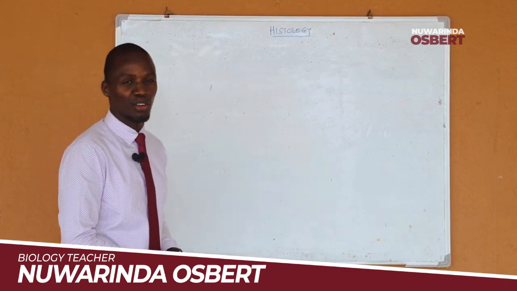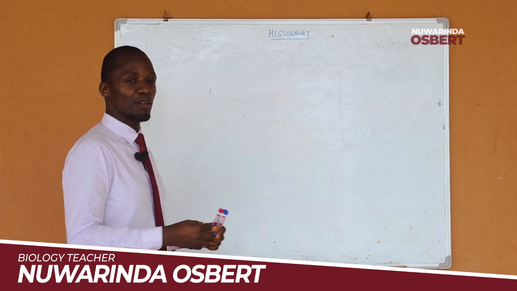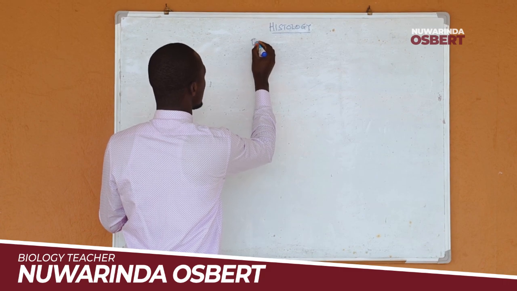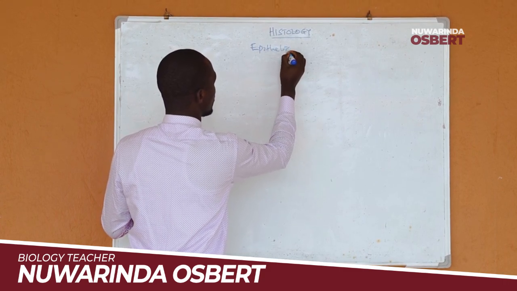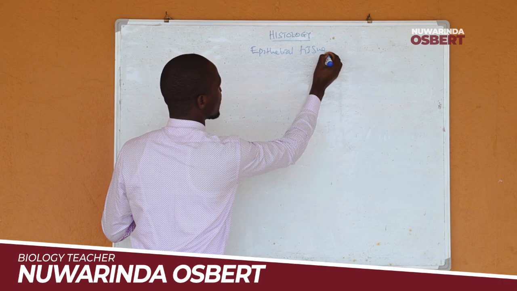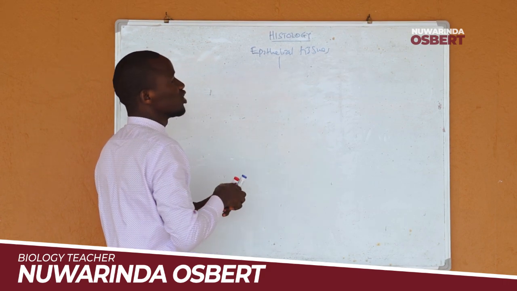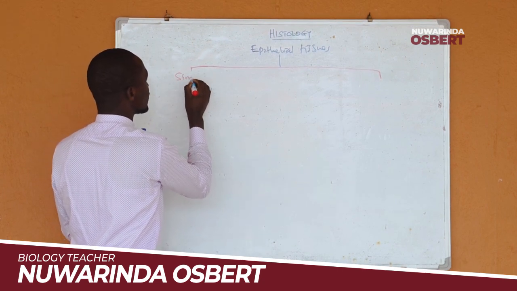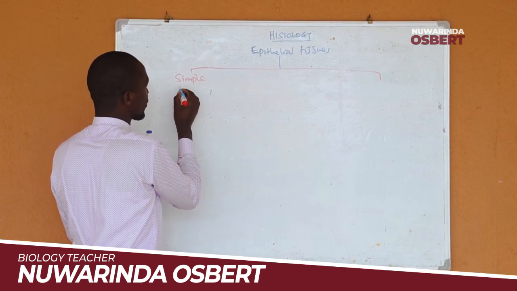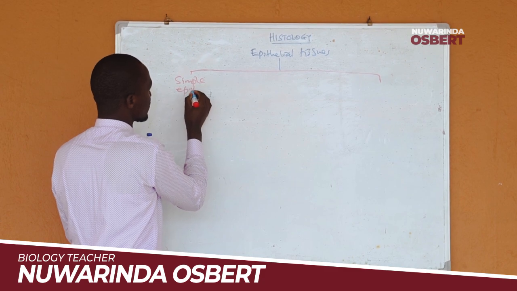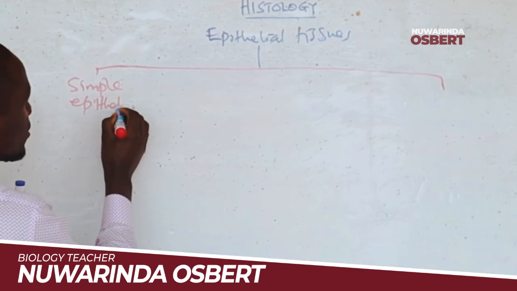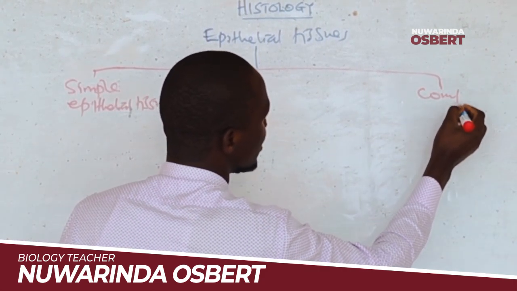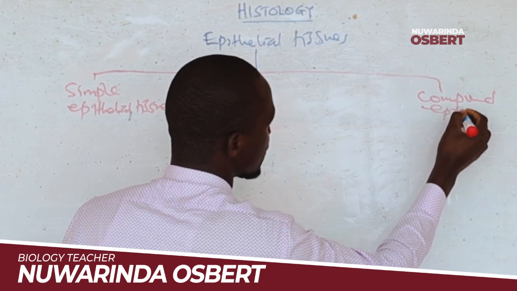But in this case, we want to look at another type of epithelial tissue. Remember, we said that epithelial tissues are categorized into simple epithelial tissues, and then compound epithelial tissues.